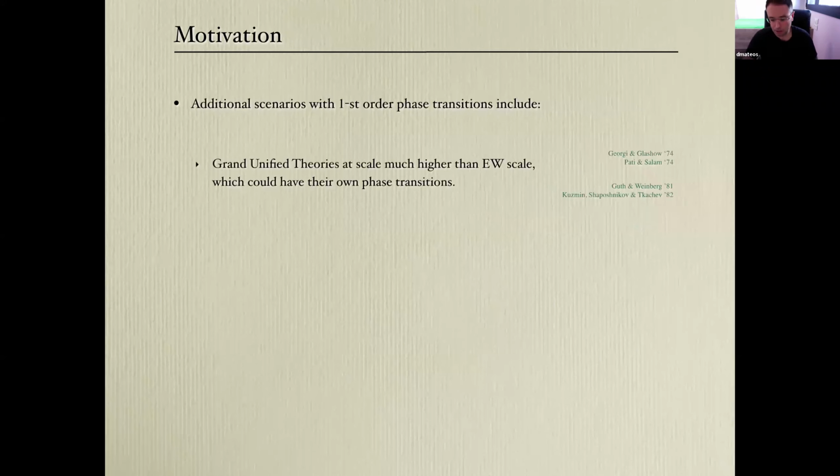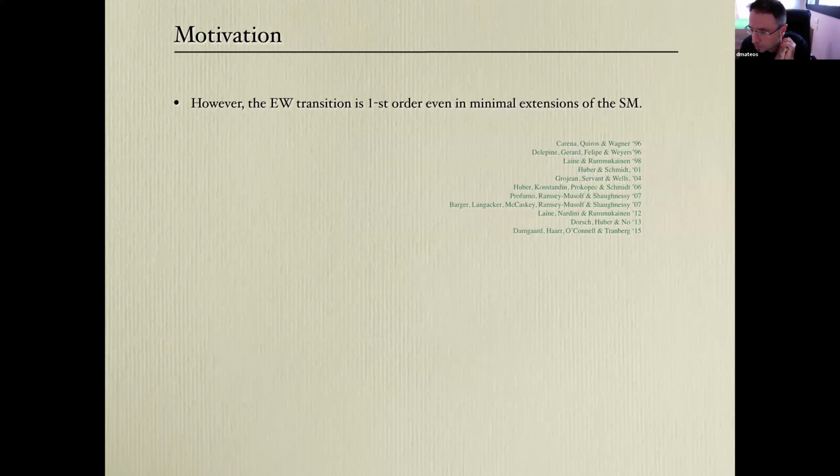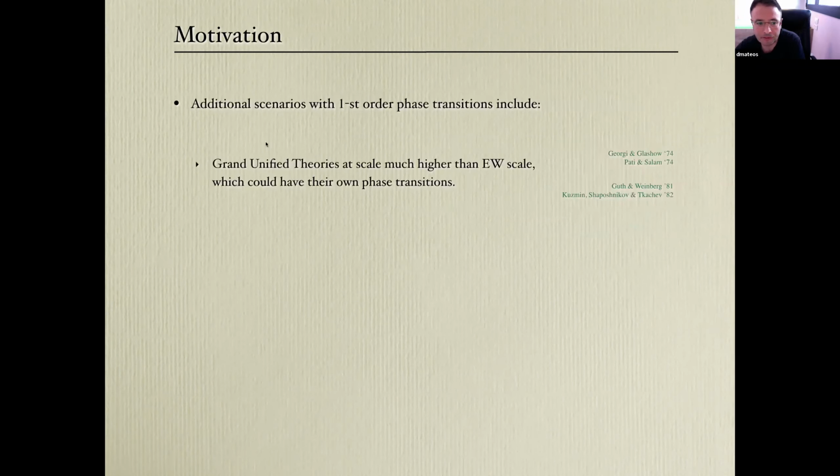One is that, in these extensions of the standard model, you're thinking of some theory that completes the standard model at a scale that is not too far from the electroweak scale. But you can also imagine that there's some grand unified theory at a scale which is much higher than the electroweak scale, say 10 to the 16 GeV or some other high energy scale, where you have some non-Abelian gauge theory that could have its own phase transitions, which could be first order, and this could give rise to gravitational waves.